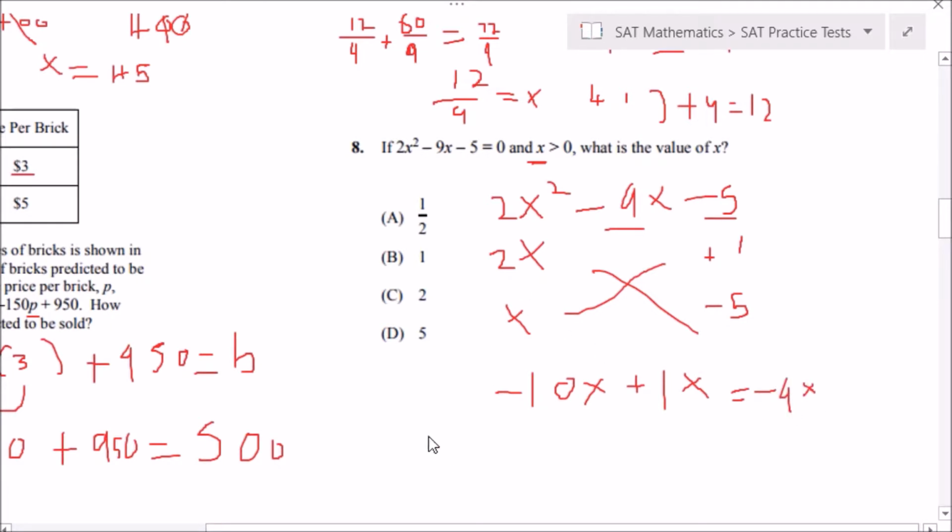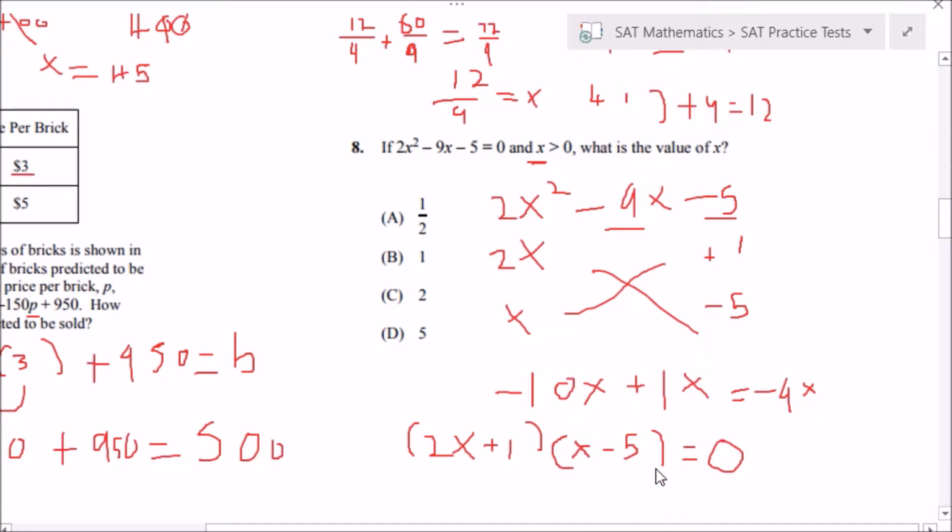So now all we have to do is make it equal to 0. So 2x plus 1 times x minus 5 is equal to 0. And know that this 2x plus 1 times x minus 5 is equal to 2x squared minus 9x minus 5 is equal to 0.